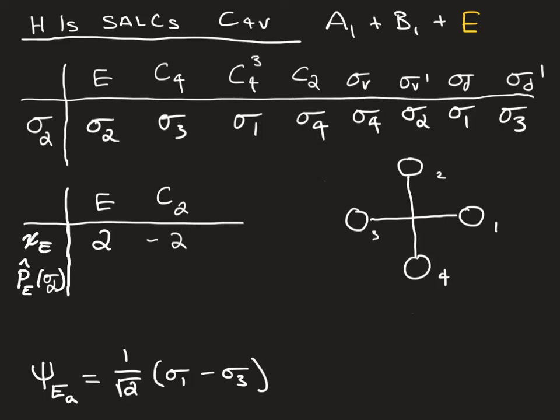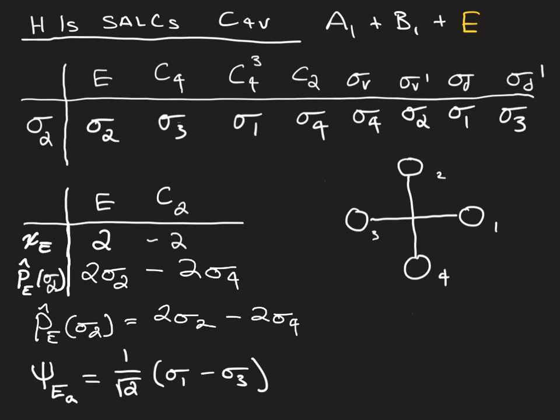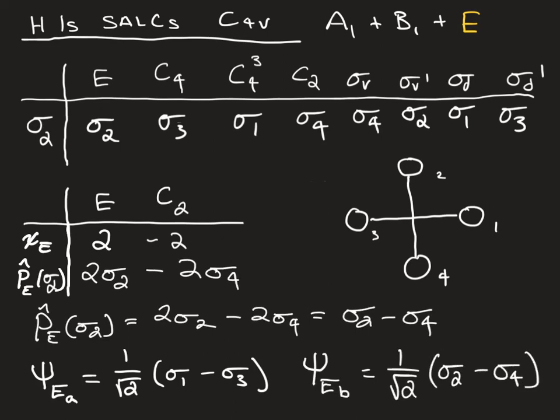So multiplying this through, we get 2 sigma-2s minus 2 sigma-4s. So projecting through E on sigma-2, we get this. The other wave function in the E representation is 1 over root 2 sigma-2 minus sigma-4.